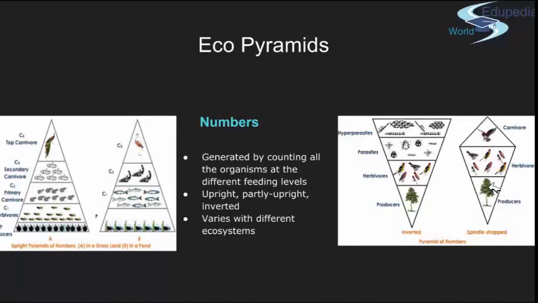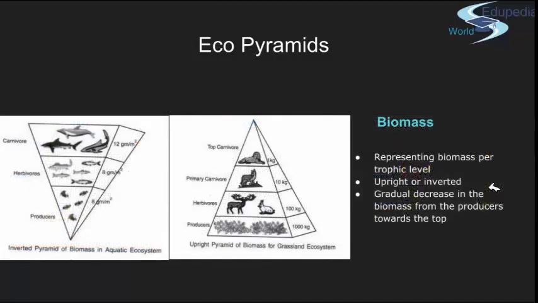option. And then after the number pyramid, there is a biomass ecological pyramid, and they, as we said, can be upright or inverted. The biomass pyramid is basically erect in terrestrial and inverted in aquatic ecosystems, because body mass of a terrestrial food chain decreases as we go up in the food chain.